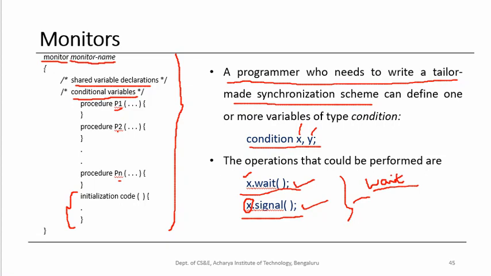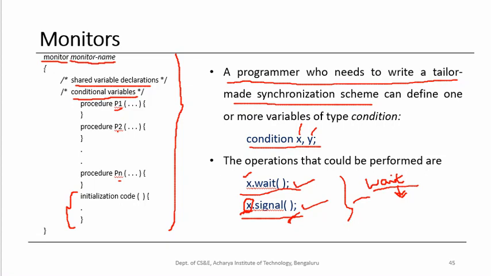And whichever process executes this signal will release a process from this waiting queue, that is, if this condition occurs. The meaning is that this condition has occurred and one of the processes from the waiting queue is released. All those processes are waiting on this event X.